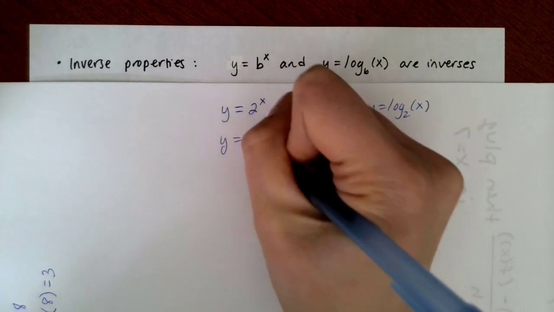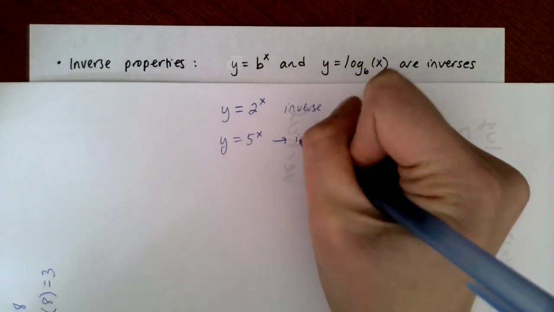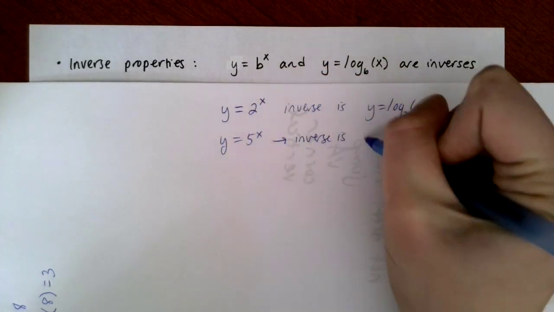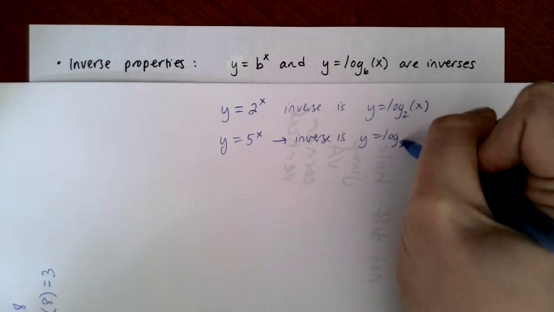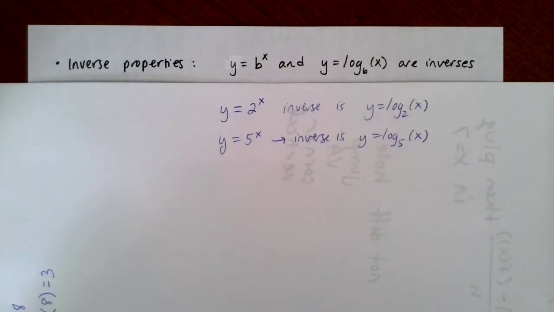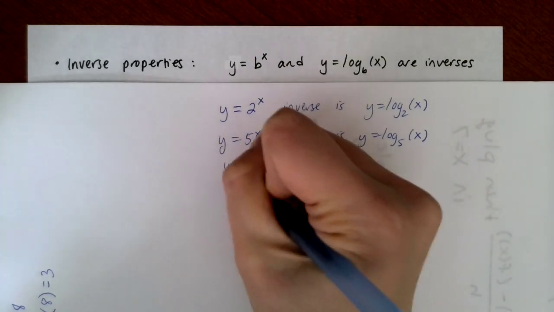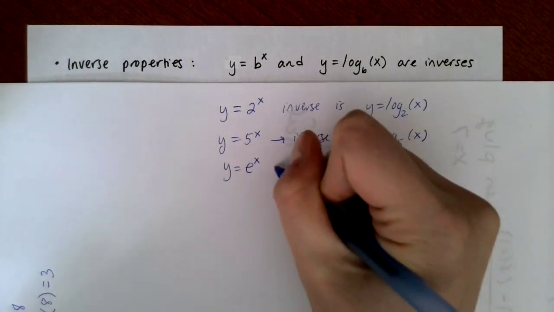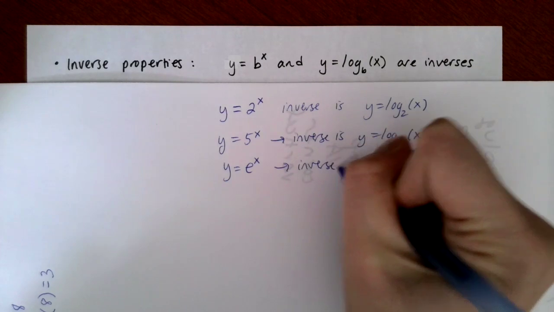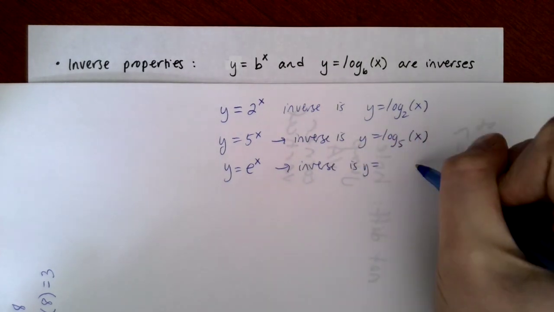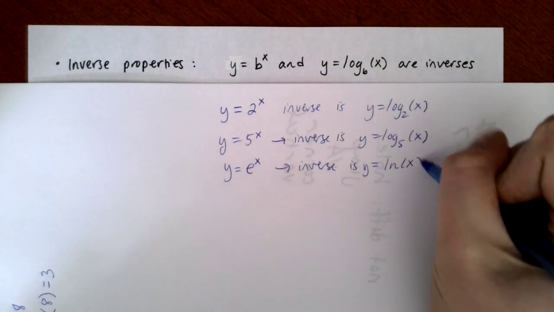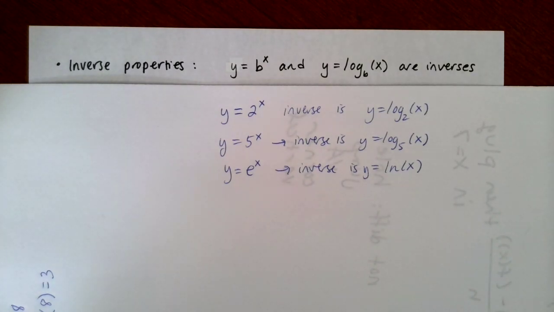Or if you have y equals 5 to the x, its inverse is y equals log base 5 of x. I'll do one more. y equals e to the x. Its inverse function is y equals log base e, which is the natural log of x.